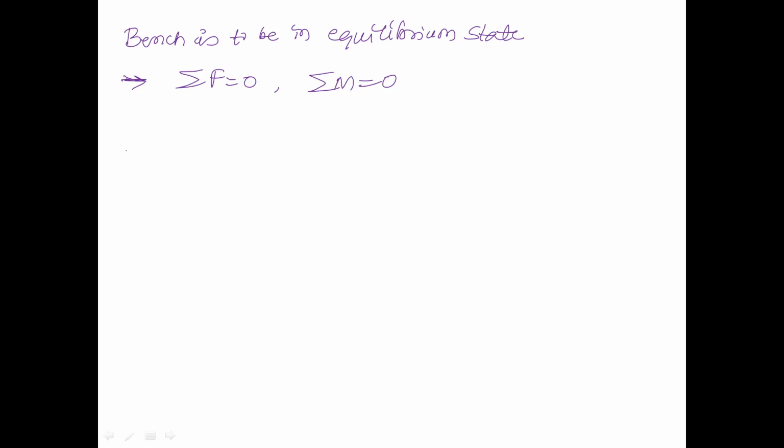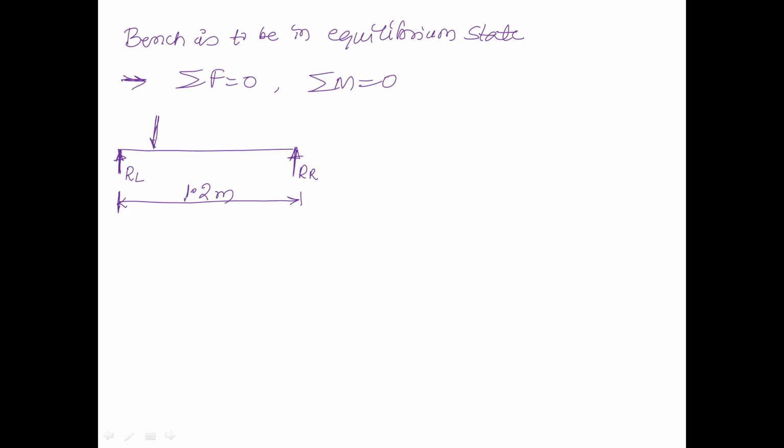I'll redraw the diagram once again here. This is the reaction force on the left hand side, and this is the reaction force on the right hand side. The distance between these two supports is 1.2 meter.